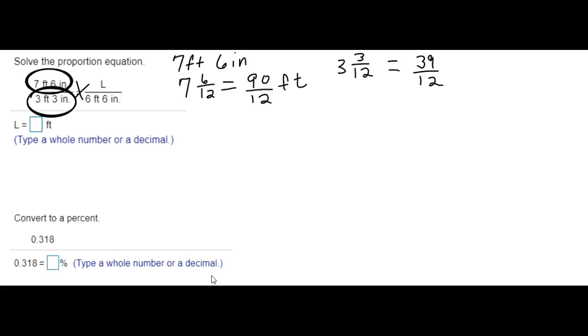And then one more, 6 foot 6 inches is the same as 6 6/12 of a foot. Converting that to an improper fraction, 12 times 6 plus 6 gives us 78 over 12.